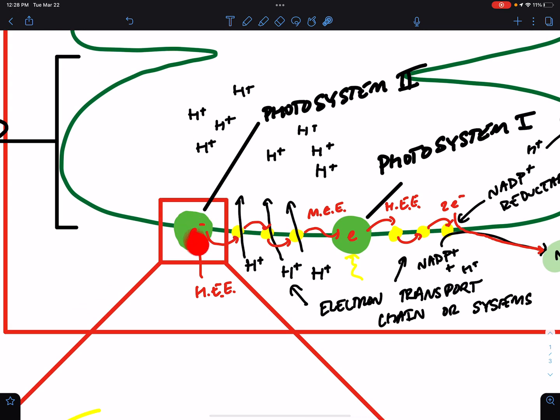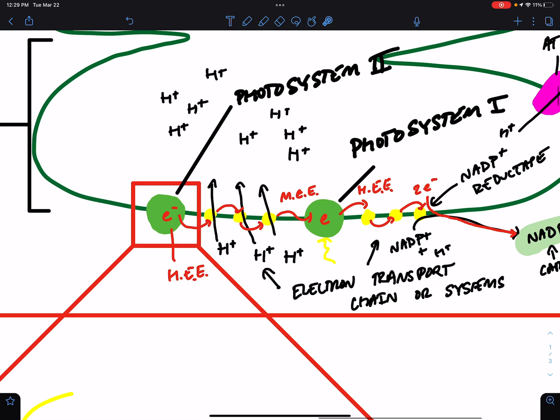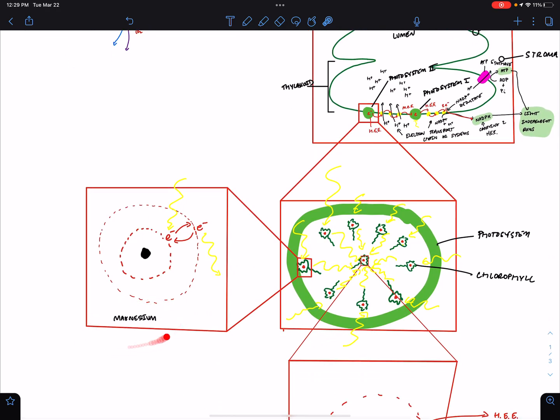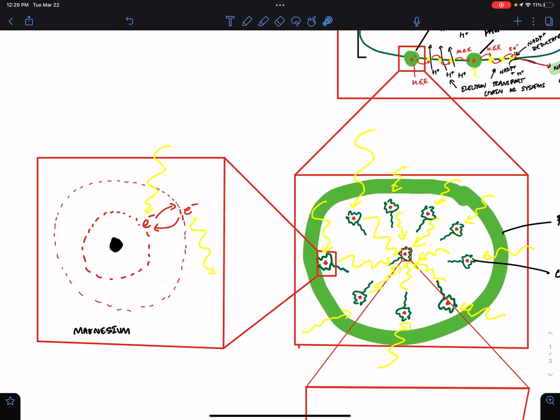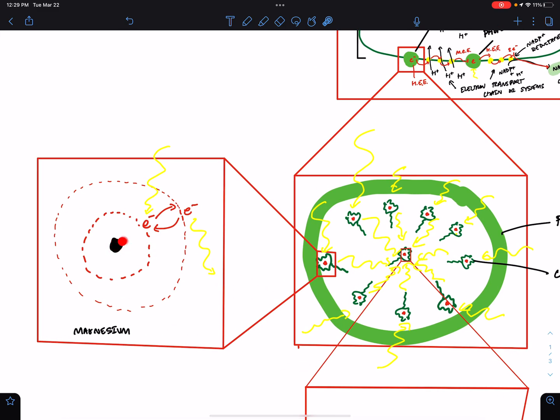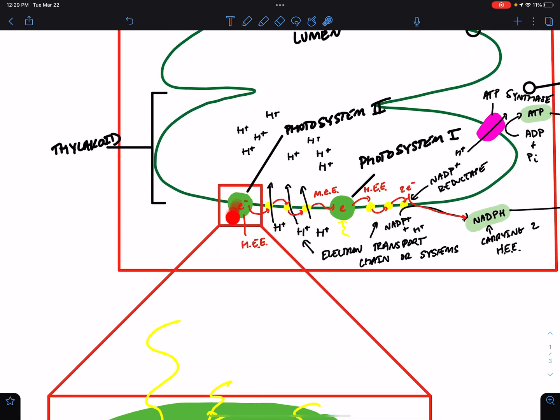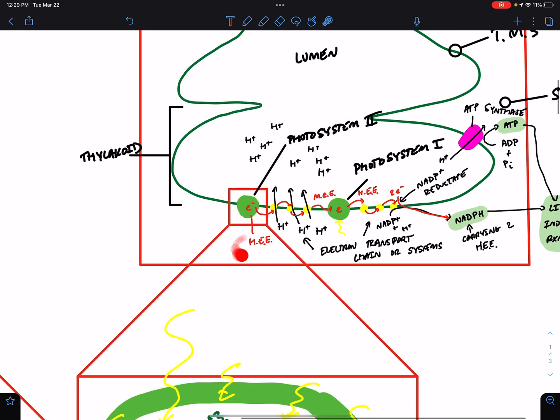this electron, when it's passed down the chain and eventually dropped off at NADPH, means that we've lost an electron from this original magnesium atom here. This is down an electron. So we need to supply a new electron that we're going to excite into the high energy electron. And where does that electron come from?